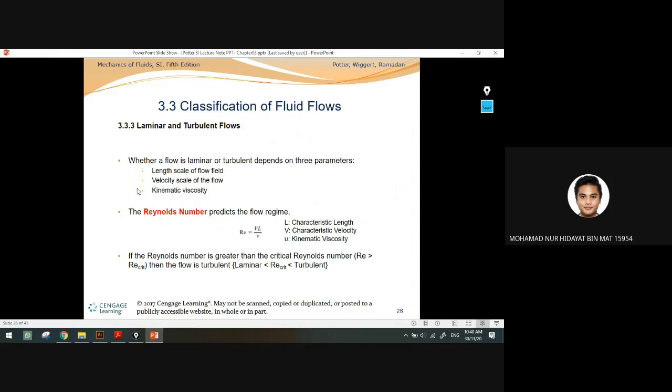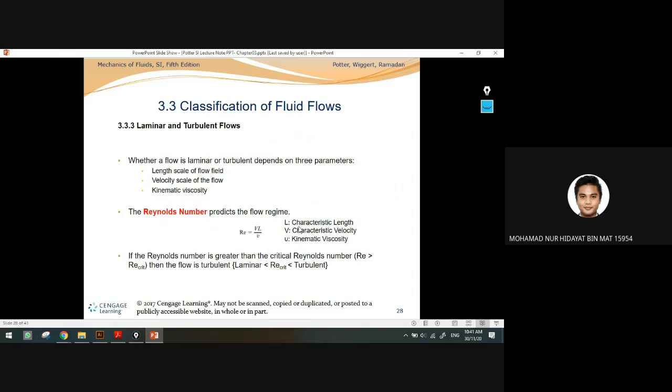There is one professor we call Osborne Reynolds that proposed the theory of the Reynolds number that can predict the flow regime. The formula is velocity times length, where length is a characteristic length, over kinematic viscosity.